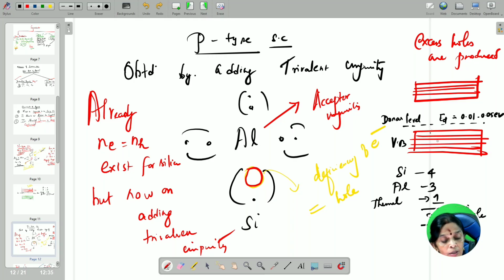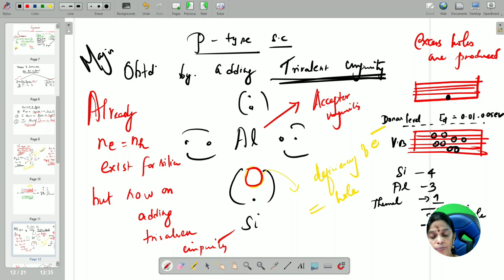I am going to show you in the valency band 1, 2, 3, 4, 5, 6, 7, 8. So, 8 holes I have shown, and only 1 thermally generated electron here. So, therefore, a P-type semiconductor is obtained by adding trivalent impurity. Since holes are rich, therefore, it is called the positive type. So, the majority charge carriers are holes.